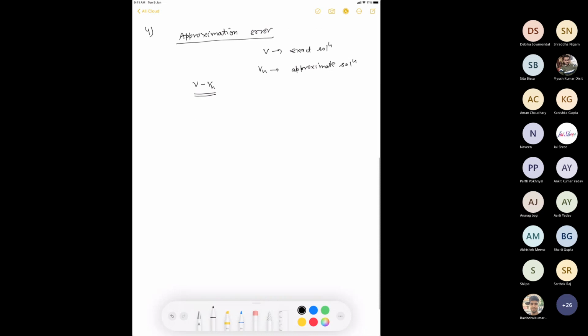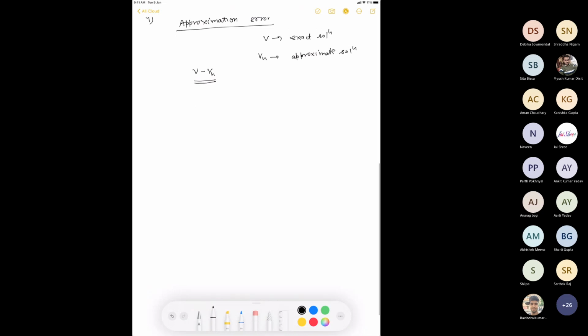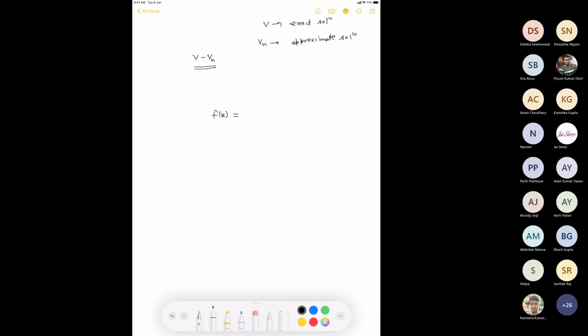Okay, so one of the most frequently arising problems in applied mathematics is to find the roots of a nonlinear equation, say f(x) equal to 0.